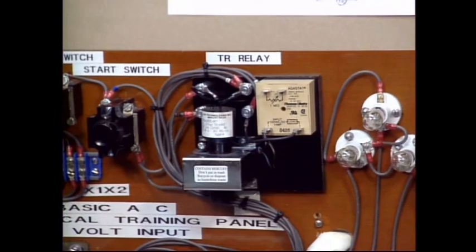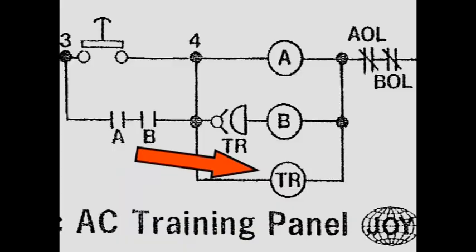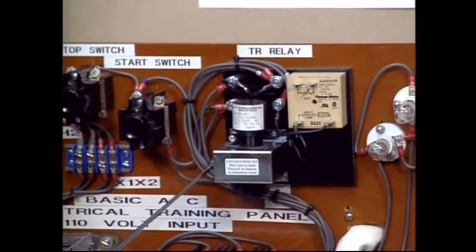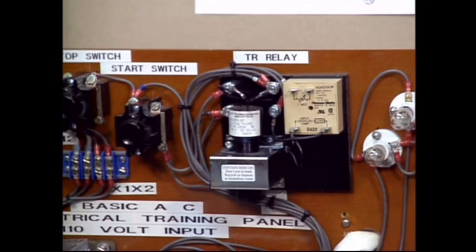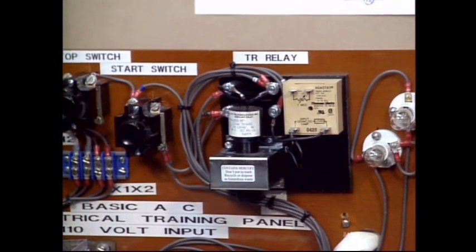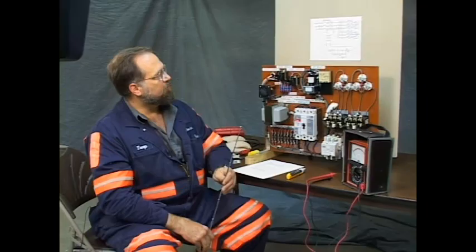The TR has a coil that operates it. The TR coil is shown right here on the bottom of the print. The TR coil on the panel is this part right here. To operate, the timer coil makes a magnet, pulls some mercury through an orifice into the bowl, makes a contact, and then completes the circuit.